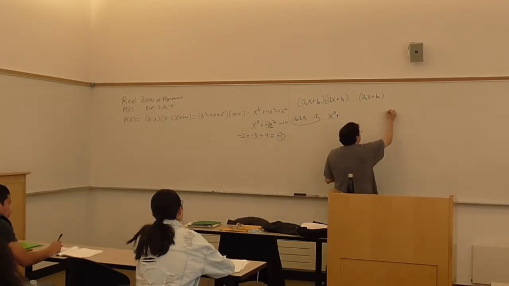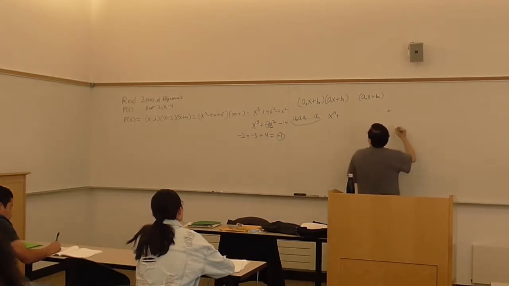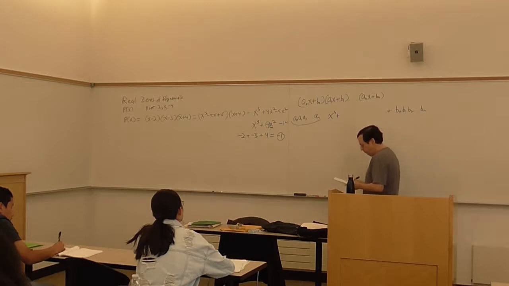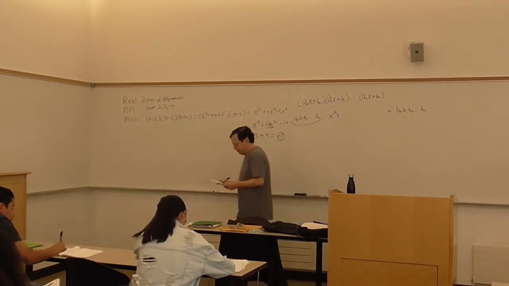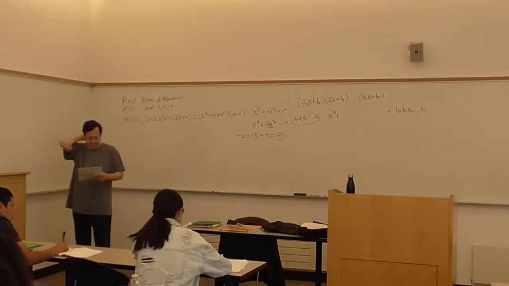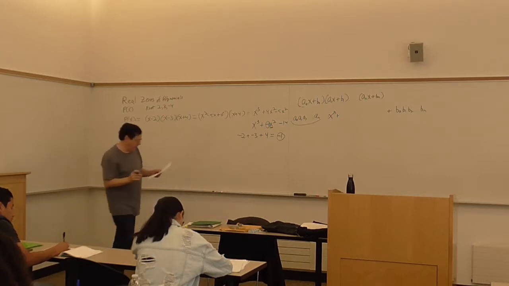And in between here, there's going to be some other stuff. And at the end, we're going to have a constant term, which is going to be B0, B1, B2, all the way to Bn. I think that's obvious, but maybe it's not.